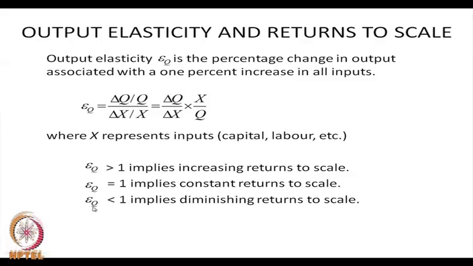If epsilon q is less than 1, it is a case of diminishing returns to scale. This we say merely by understanding that we have defined epsilon q, the output elasticity, as the percentage change or the fractional change in q for a fractional change in x.